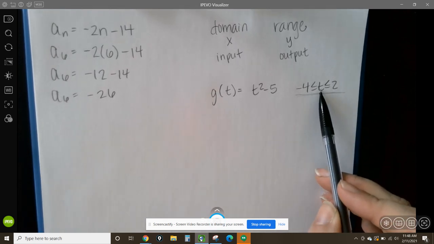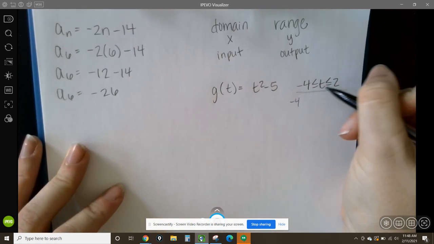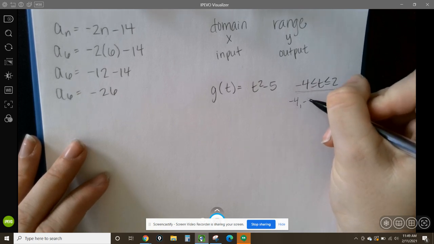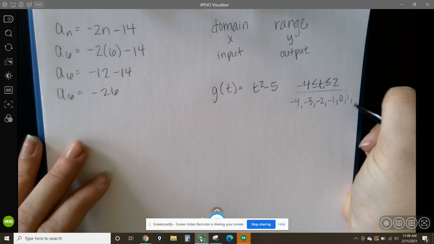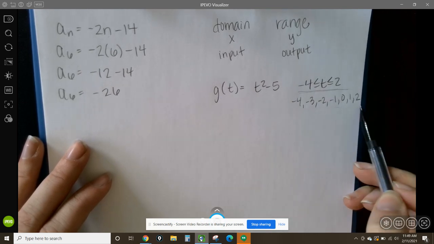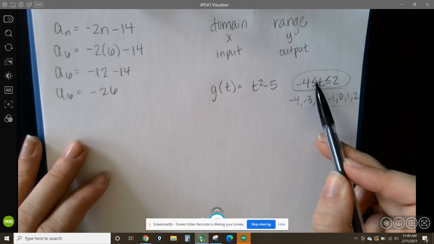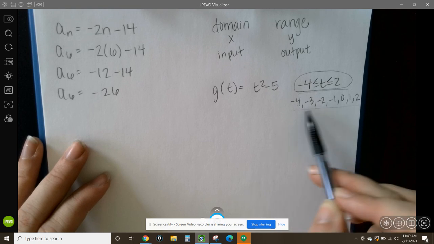So t is greater than or equal to -4, so that includes -4 and all the way up until 2. So like -4, -3, -2, -1, 0, 1, and 2. These are the numbers, the inputs that I got from this inequality because t has to be greater than or equal to -4, but less than or equal to 2. So all of these numbers right here.